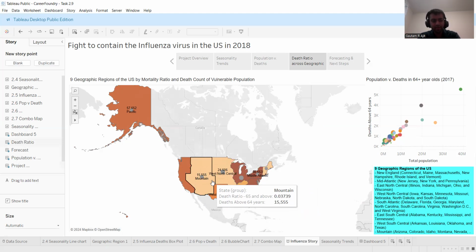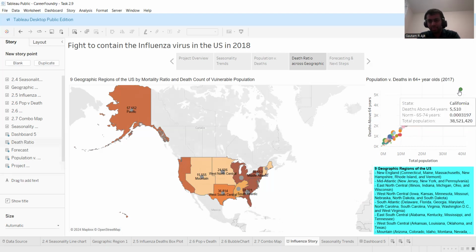However, this project could get even more exciting if we could factor in such variables and establish correlation and test this hypothesis. The bubble chart on the right captures the positive correlation between the population count and the death toll in the 64 plus year olds. And we can see that the same states like California, New York, Florida, and Texas are doing rather poorly.